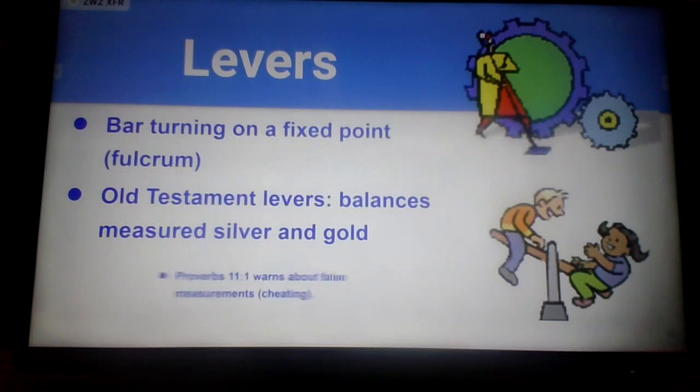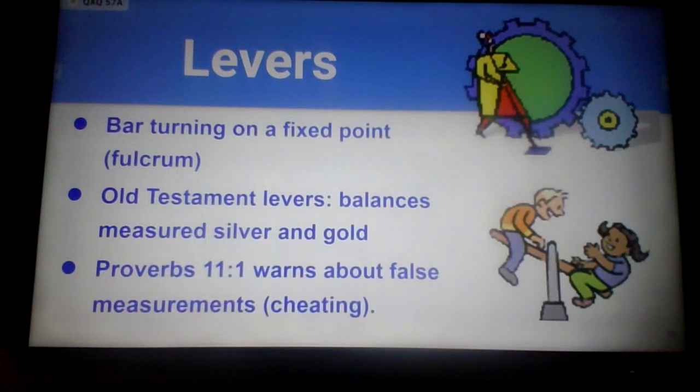Well, of course, the Bible says don't do that. Proverbs 11:1 warns us about false measurements, which is cheating and lying, and in that case, stealing. Of course, all of those break the 10 Commandments. So Proverbs 11:1 tells us use levers for good purposes, not to cheat other people.